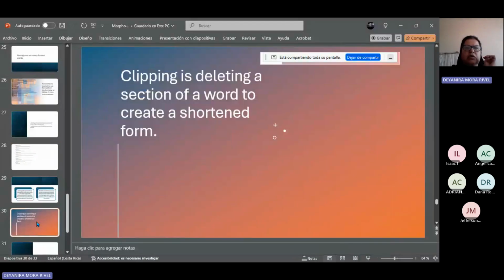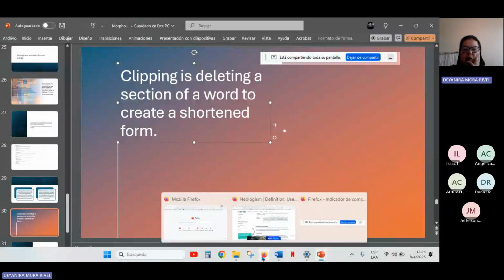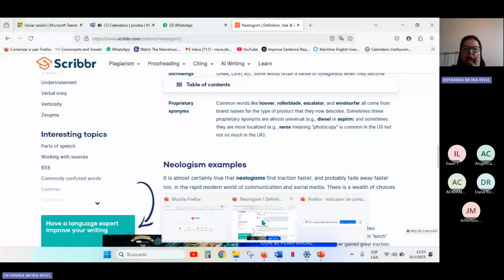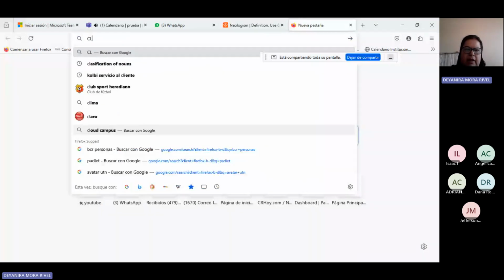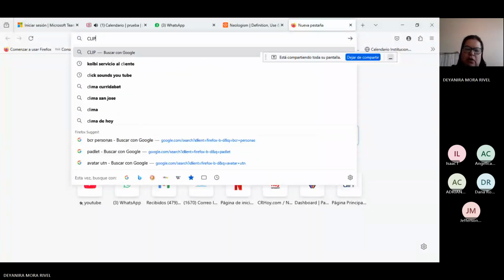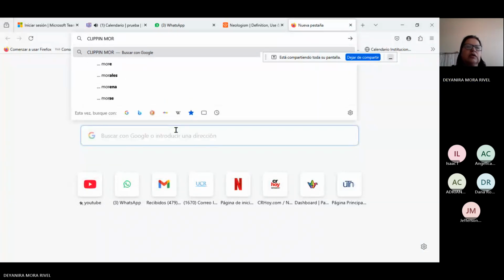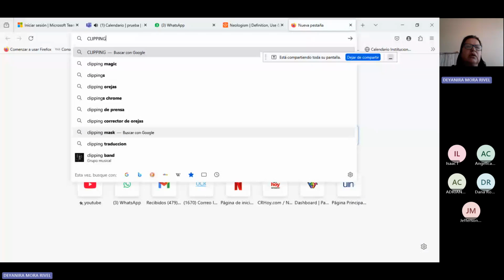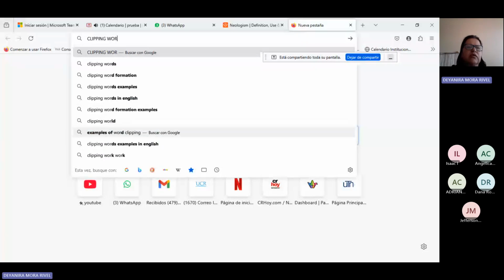We're going to skip this one. Okay, clipping. Clipping is exactly what you do when you delete a word. And let's look at a couple here. Like in Spanish, word formation, okay.